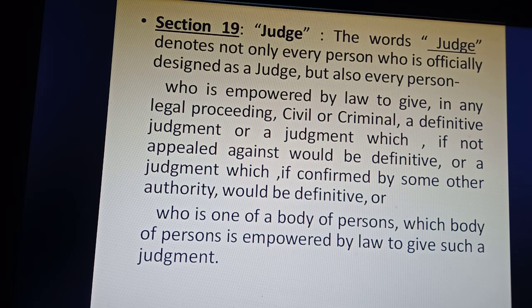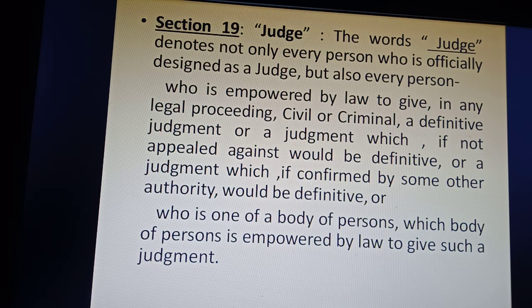Judge. The word judge denotes not only every person who is officially designated as a judge, but also every person who is empowered by law to give, in any legal proceeding, and that legal proceeding may be civil or criminal, a definitive judgment.